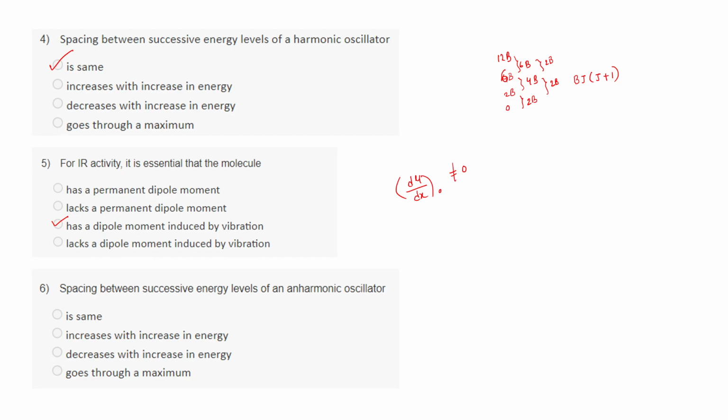Actually, from Raman spectra you will get the bond strength from molecules where there would not be any change in the dipole moment. Suppose for some molecule d mu by dx is equal to 0, or they may not have any permanent dipole moment. That molecule won't be IR active, but it would be Raman active.